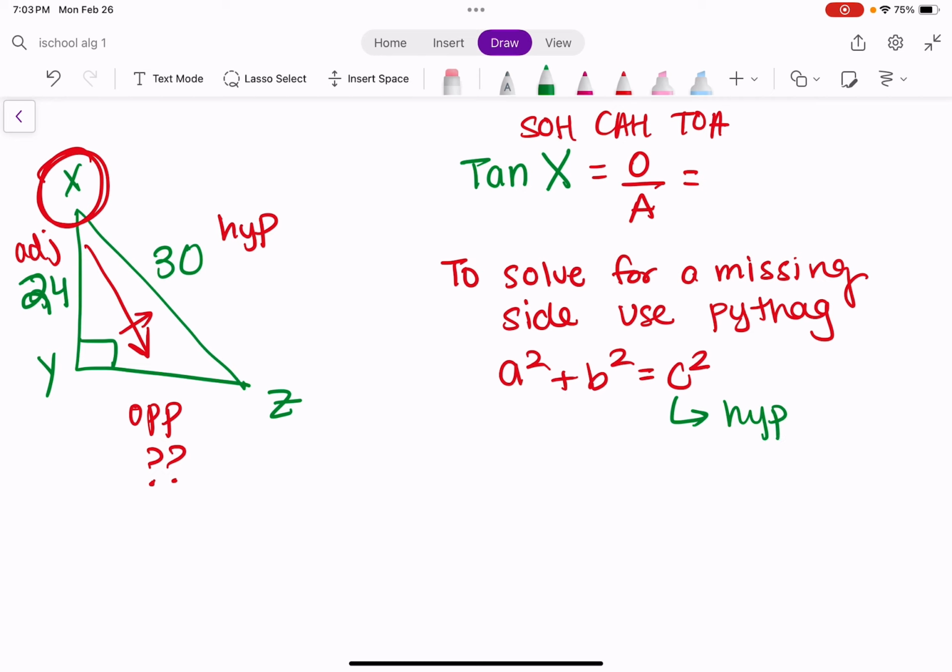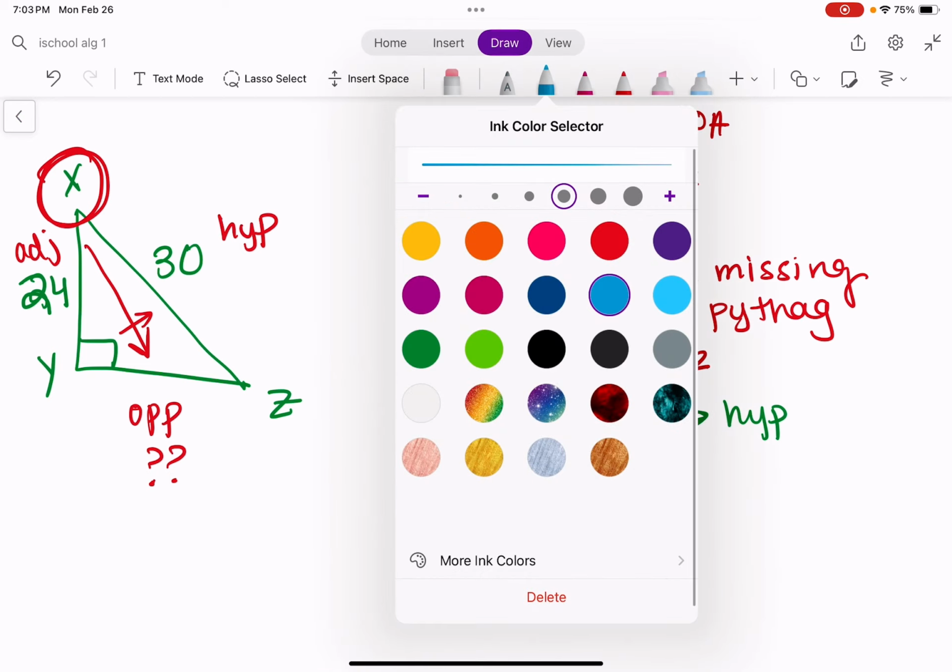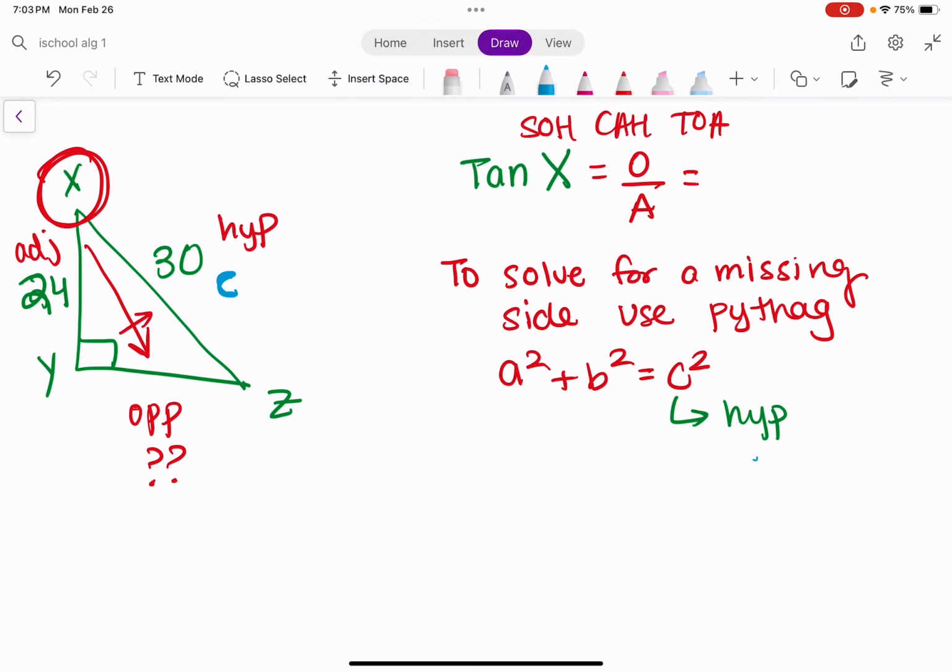As long as you identify c correctly, a and b don't matter, okay? So I'm going to label my hypotenuse as c, and then I'm going to decide that 24 is a, the side that I don't know is b. So I can write this as 24 squared plus b squared equals 30 squared. I can simplify this, so this is 576 plus b squared equals 900.